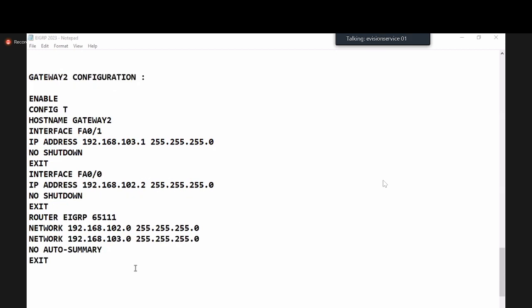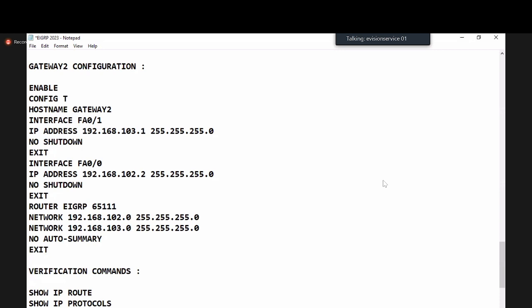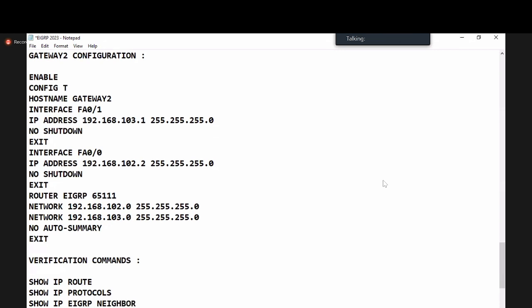Now, these are your verification commands that we are going to be using. First of all, we'll be using the show ip route command, show ip protocols command, show ip eigrp neighbors command, and show running-config command.